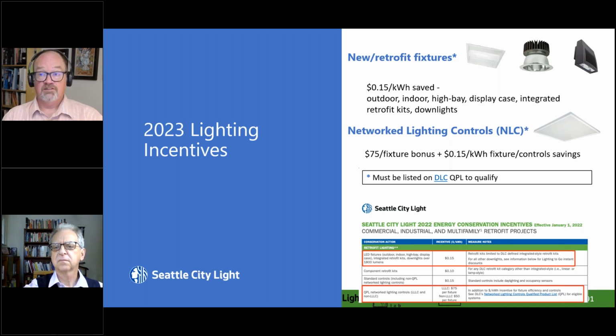In the Miller Hull example that I gave you, in 2017 the cost for the material was something like 50 cents a square foot. Today, we've had some moderate price increases, so that's probably closer to 75 cents to $1 a square foot for that project if we were doing it today. But the idea is that if you choose equipment wisely, you can actually have this pay for your lighting controls.